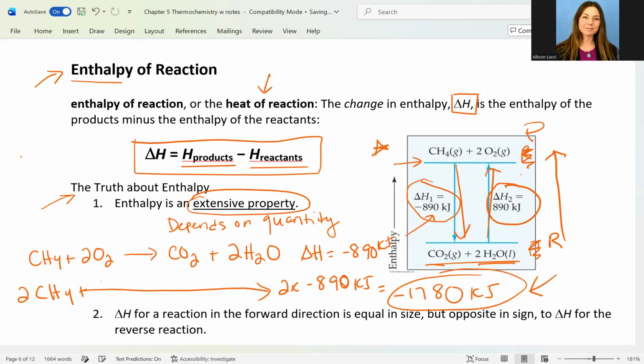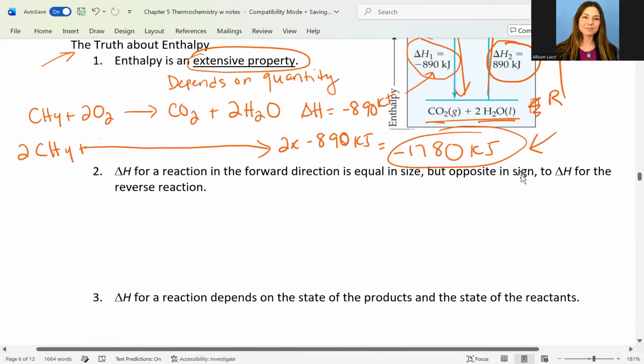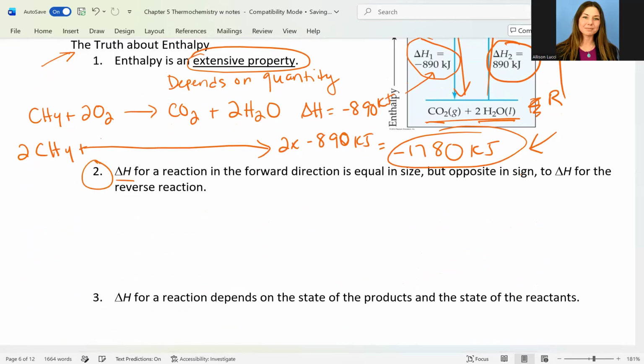In this other information here, number 2, we can see that the delta H of the reverse reaction, as I mentioned before, is going to be equal in magnitude, equal in size, but opposite in sign. So we saw that the delta H1, so the original forward direction, was negative 890 kilojoules for that reaction.